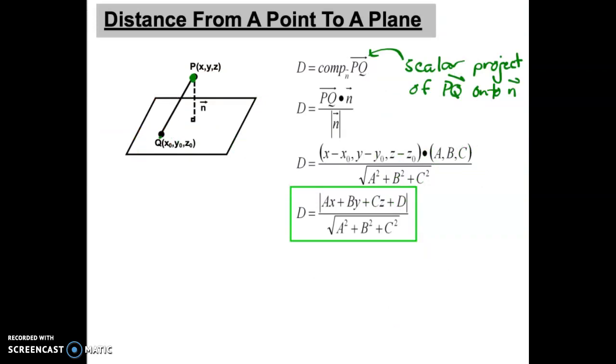So next we're going to find a distance from a point to a plane. So here we're finding the distance from point P to this plane right here. Okay, so point Q, that is a point on the plane, and we would have a vector PQ going from the point to the plane.